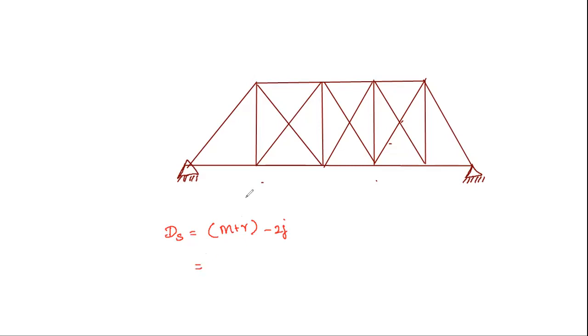Counting the number of members, m is equal to 1, 2, 3, 4, 5, 6, 7, 8, 9, 10, 11, 12, 13, 14, 15, 16, 17, 18, 19, and 20. So the number of members is 20.